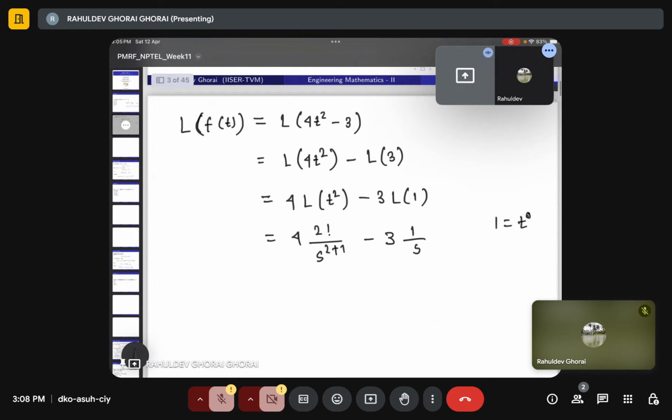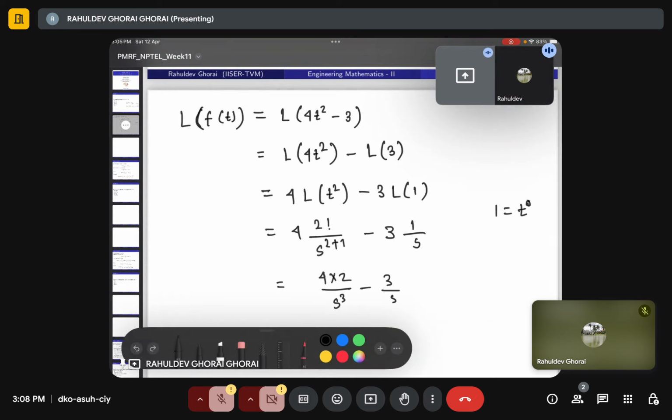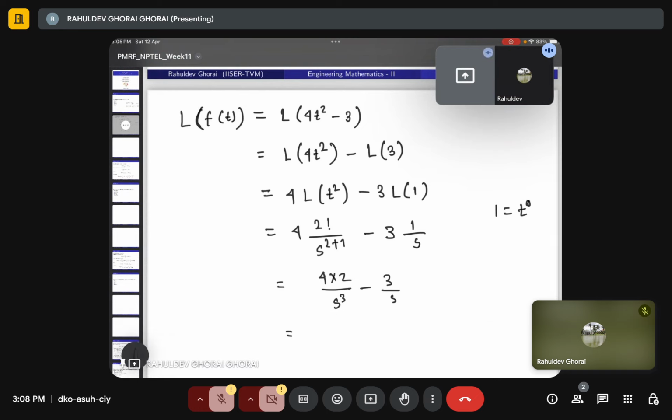What does that give? 4 times 2 over s cube minus 3 over s. 4 times 2 is 8, so 8 minus 3s square over s cube. That should be the answer.